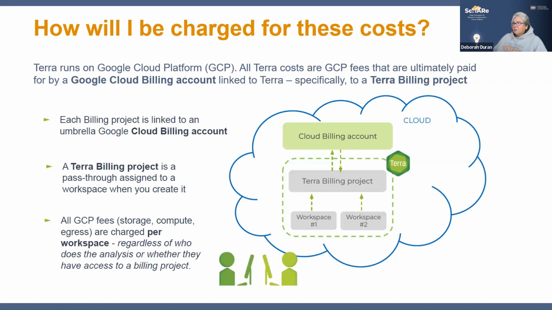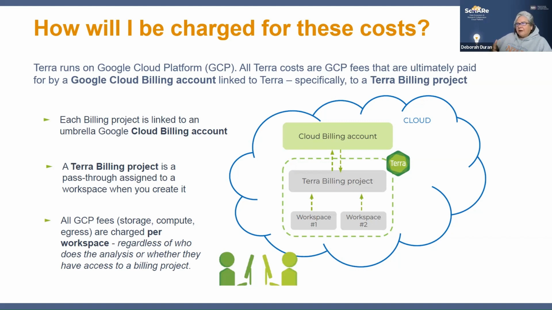Terra runs on a Google platform. So when you first register onto the Terra account, you're going to be asked for 2 billing accounts. One of them is the Google billing account, and the second one is the Terra billing account. But don't freak out. You are not charged twice.